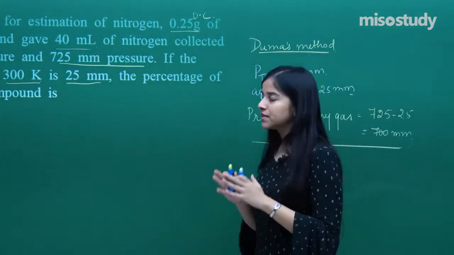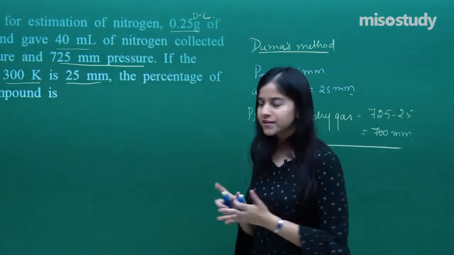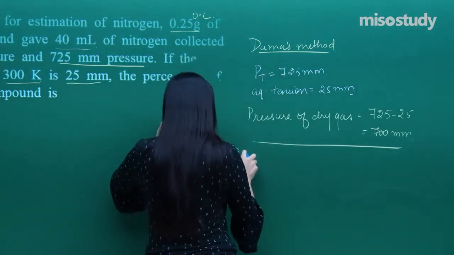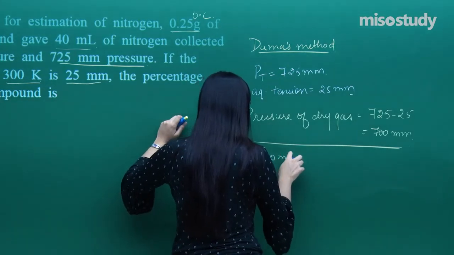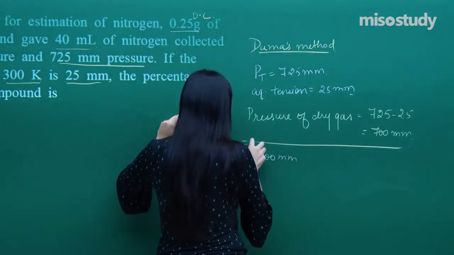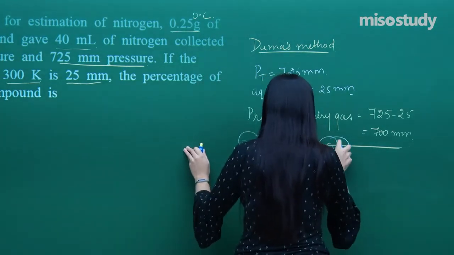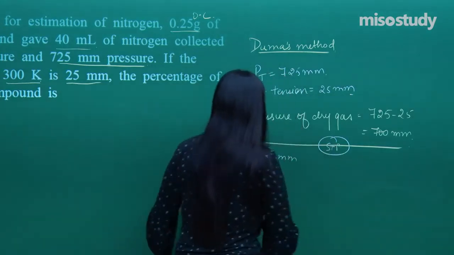I need to convert these things into STP so that I can correlate it with the mass, right? So that is what we want to have. So I've got P1 which will be 700 mm. This is the experimental conditions that I'm taking, and here I'll be correlating it with the STP condition, right? So that is STP conditions.